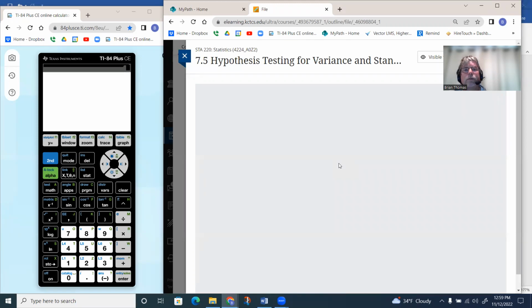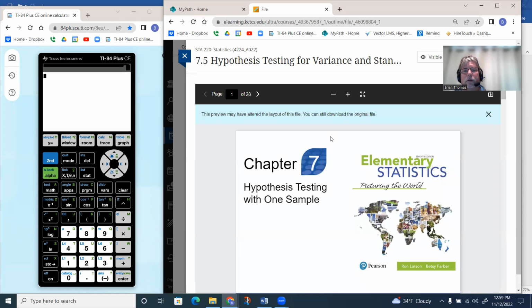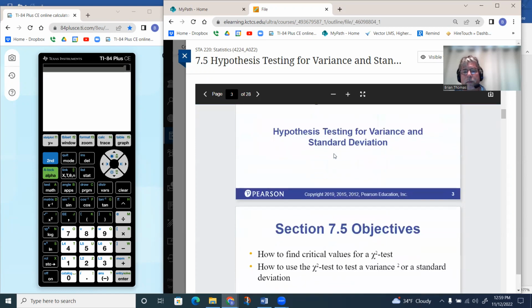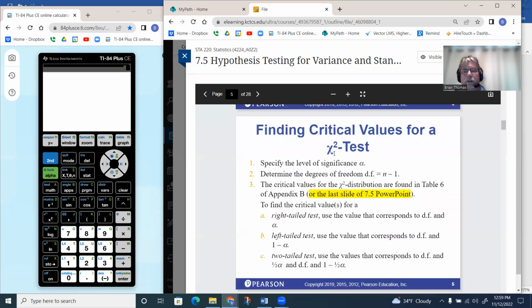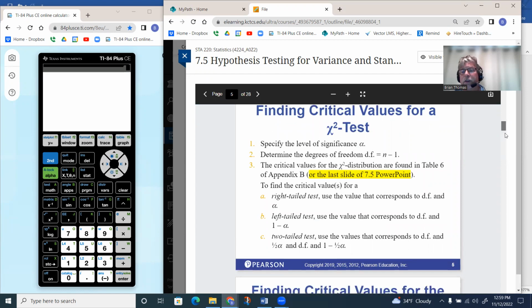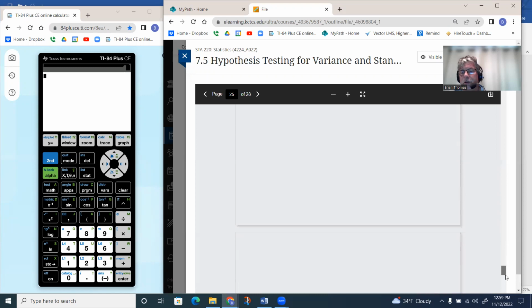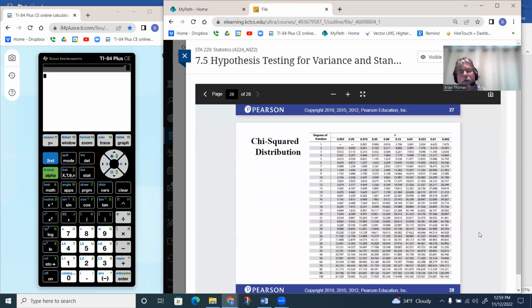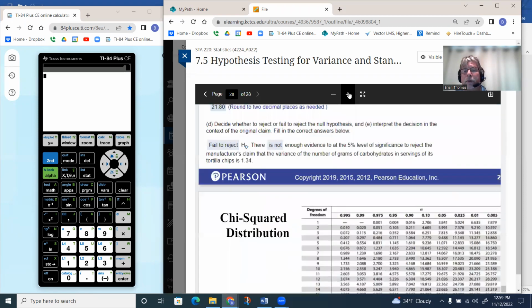Let's see if we can get this to open. The table is actually going to be the last slide. If I scroll all the way down to the last slide, this is going to be our chi-square distribution here. Let me make that a little bit bigger.